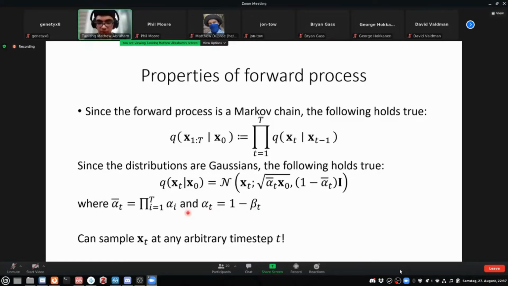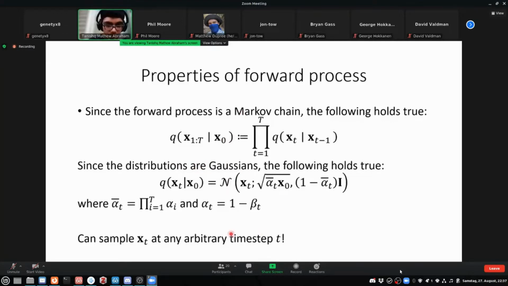But apart from that, because it's all independent, you can define it, and what that means is that you can sample an xt for any arbitrary time step t. You don't have to go through each time step and calculate each one to get whatever time step you want. You can calculate it directly because of the properties of this being a Markov chain and a Gaussian distribution.